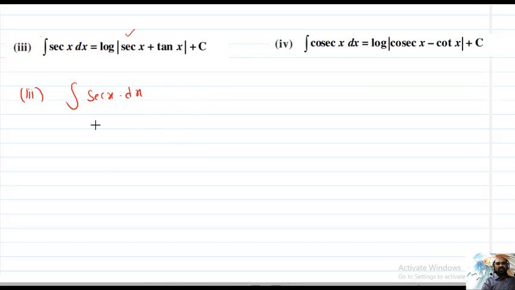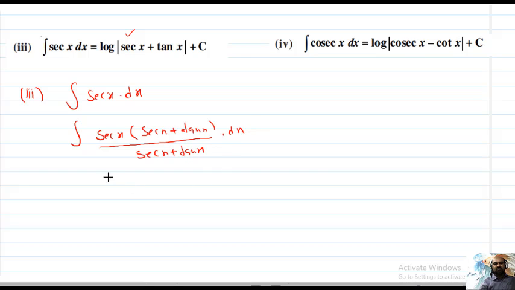Now I want to use another alternate method for this. Students listen, this one is important. Integral of secant x, multiply and divide by secant x plus tan x. Now the numerator is secant square x plus secant x into tan x, by secant x plus tan x, into dx.